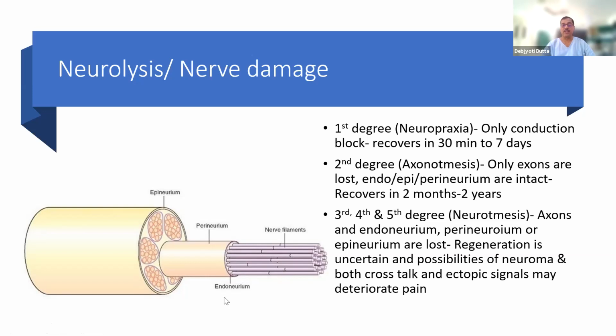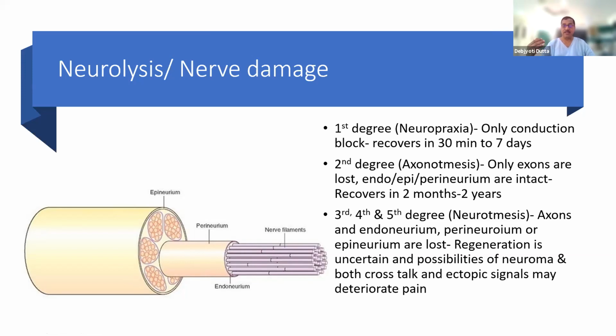Okay, so in 3rd degree, when the endoneurium is damaged, then also there will be regeneration, but that regeneration will be faulty. What will happen? There will be crosstalk between these fibers, and there is a chance of deafferentation pain. But if it is a 4th degree, that means perineurium or epineurium, then chances of regeneration are less.